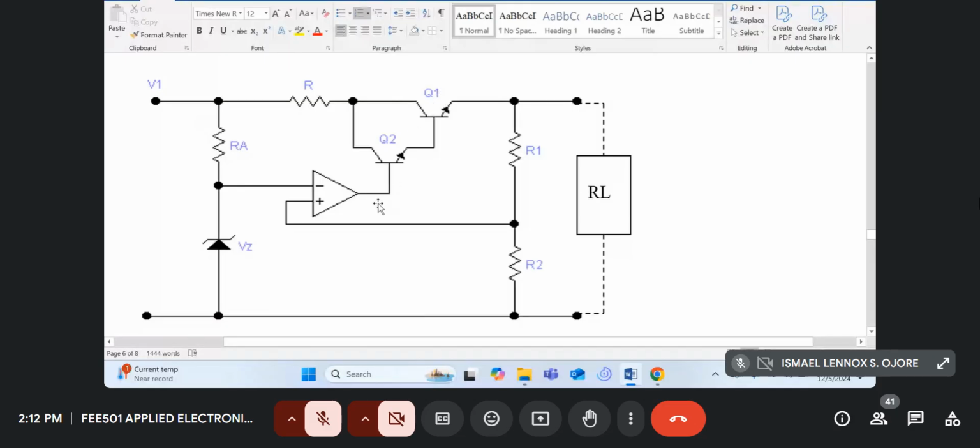The reason is that most op-amps tend to have a limited current drive capability. So for example, if the maximum current capability of the particular op-amp is, let's say, 10 milliamps, and you want to supply, say, 10 amps to the load, it means this 10 milliamps must go through this second transistor called Q2.